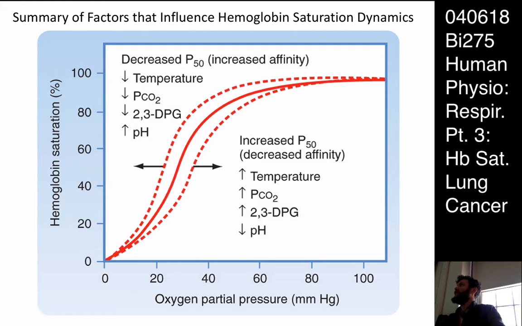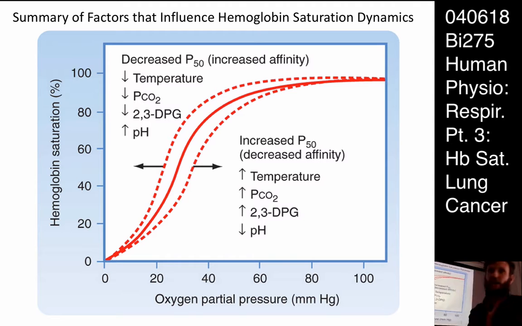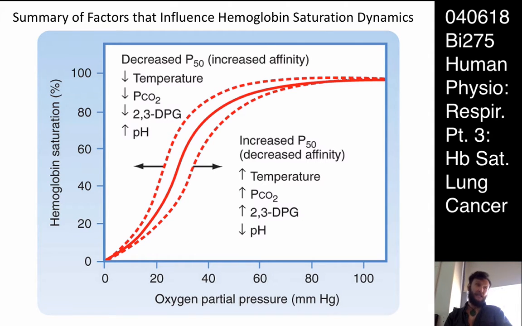Things that decrease it, meaning you'll have an increased affinity of hemoglobin for oxygen. So meaning at a lower partial pressure, you'll reach 50%. Things that increase the affinity are a decrease in temperature, a decrease in the partial pressure of carbon dioxide, a decrease in 2,3 BPG, bisphosphoglycerate, diphosphoglycerate, DPG, same molecule, or an increase in pH.